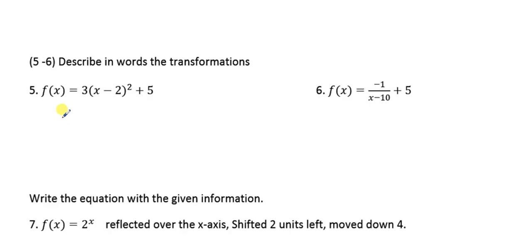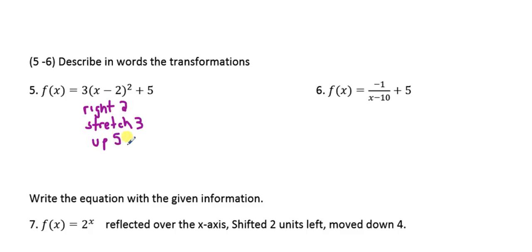Describing words, basically the same exact thing, except that we don't have A, H, and K. First thing in the parentheses, we're going to go right 2, we're going to stretch by a factor of 3, but I don't feel like writing that all out, and then up 5.